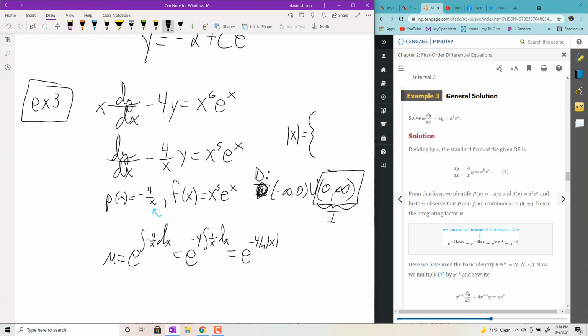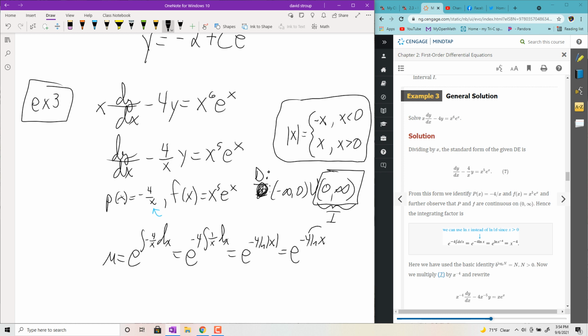Because the absolute value of x is equal to negative x if you're on the interval from negative infinity to 0, but it'll equal positive x if x is greater than 0. And that's just from your piecewise definition of absolute value functions. So what we're going to do is rewrite this as e to the negative 4 ln positive x.